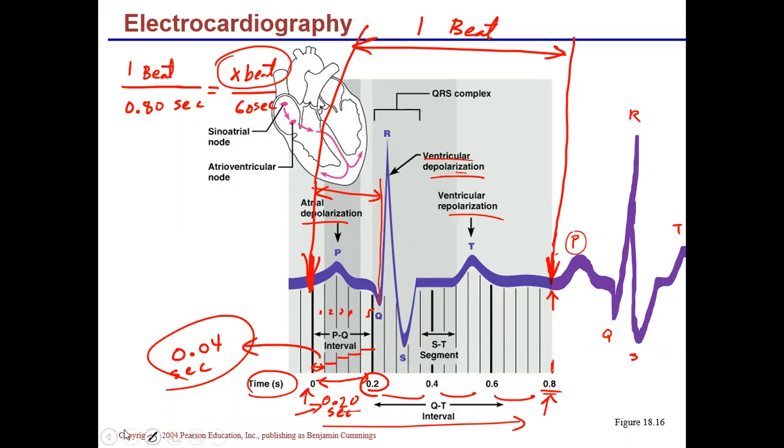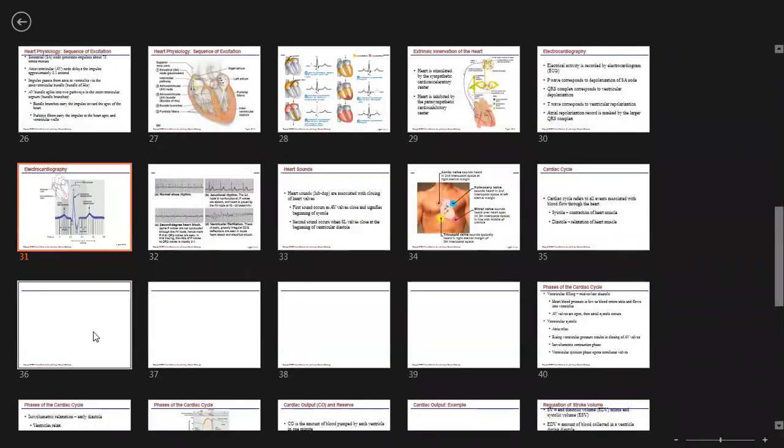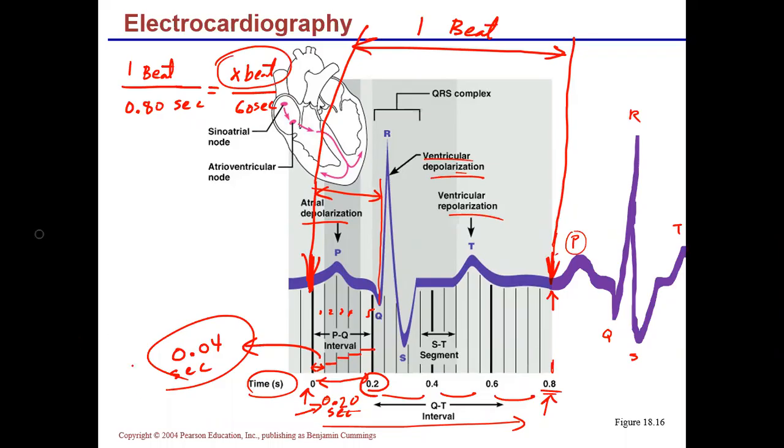Let me show it to you in another area so we can see it a little bit better. 1 beat over 0.80 second equals X beats over 60 seconds, which is 1 minute.